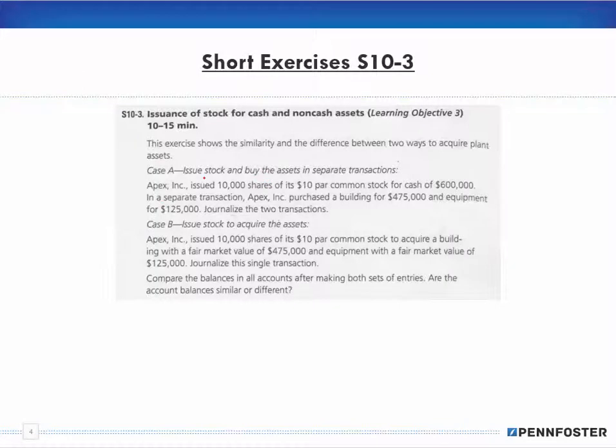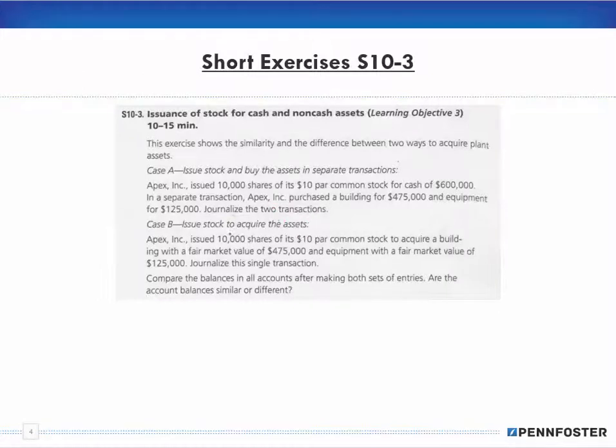In case A, issue stock and buy the assets in separate transactions. Apex issued 10,000 shares of its $10 par common stock for cash of $600,000. In a separate transaction, Apex purchased a building for $475,000 and equipment for $125,000. Journalize the two transactions, right?